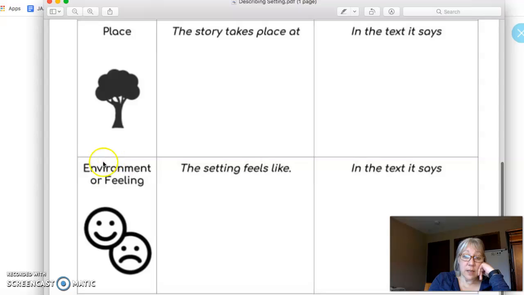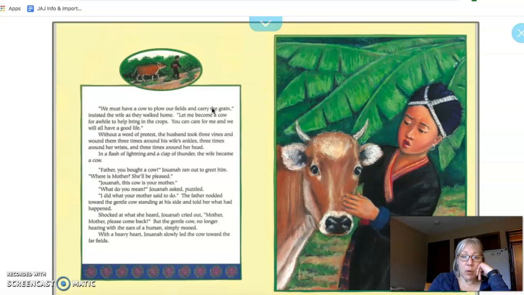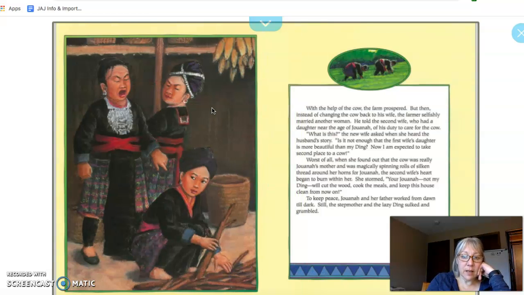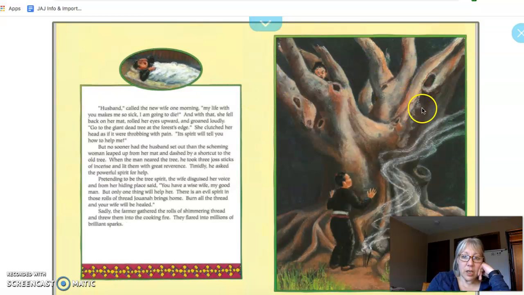Now, the last one is the environment or the feeling. This is what the setting makes you feel like. And you're going to use the text to help you out. So just in thinking about what kind of feeling I get from the text, there's magic that makes it feel magical.